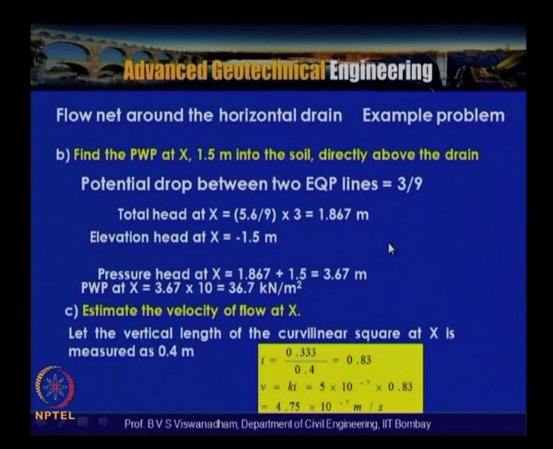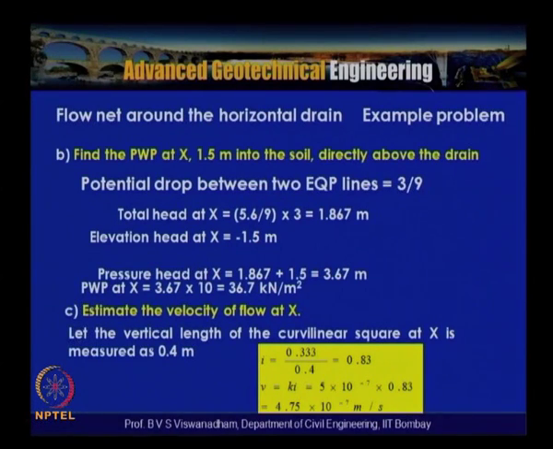So with this, once you know the total head at X and the elevation head at X, then total head is equal to pressure head plus elevation head. So we need to calculate the pressure head at X. It is nothing but 1.867 meters, that is 5.6 divided by 9 into 3, where 3 is the total head loss.